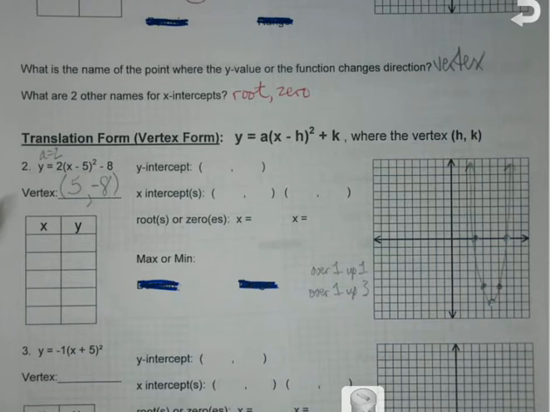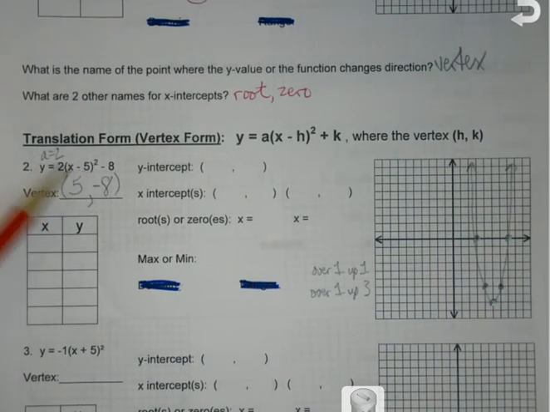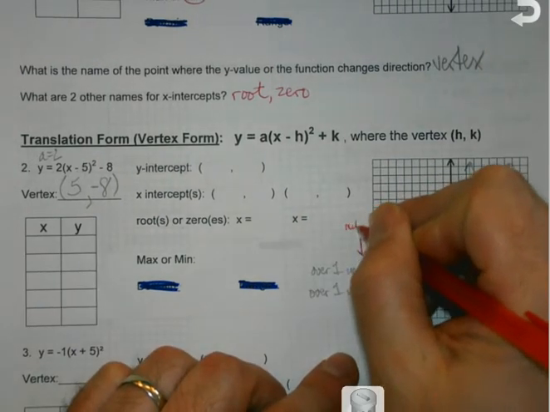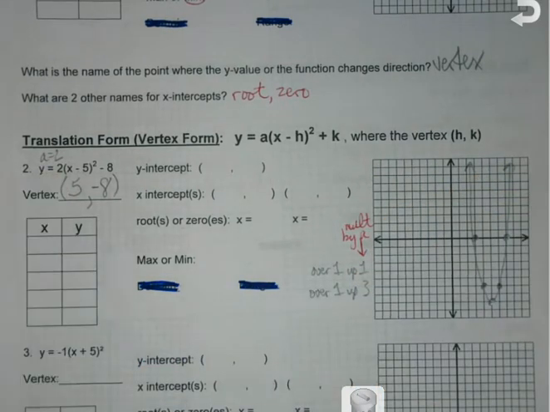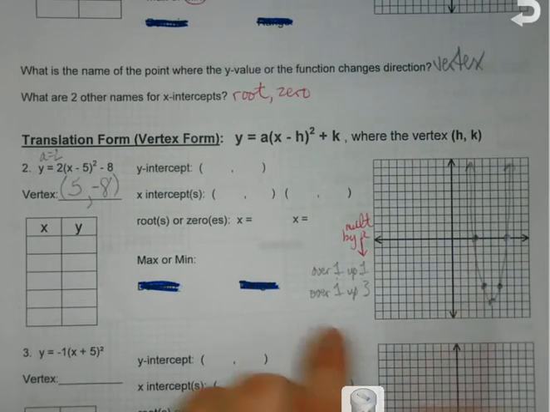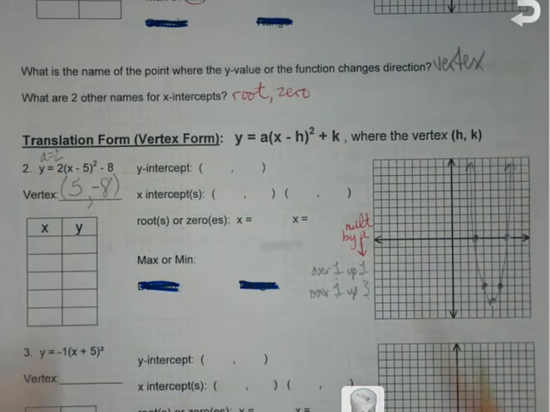But if there's a number in front of my x squared, or in this case the parentheses, whatever that number is, we're going to multiply that by our A value, by whatever number's in front. So that's why I went over 1, up 2 for my first ones, and over 1, up 6, my A value is 2 for that next one.